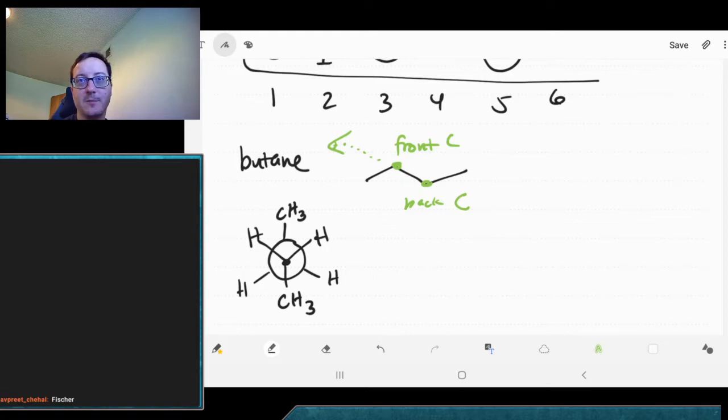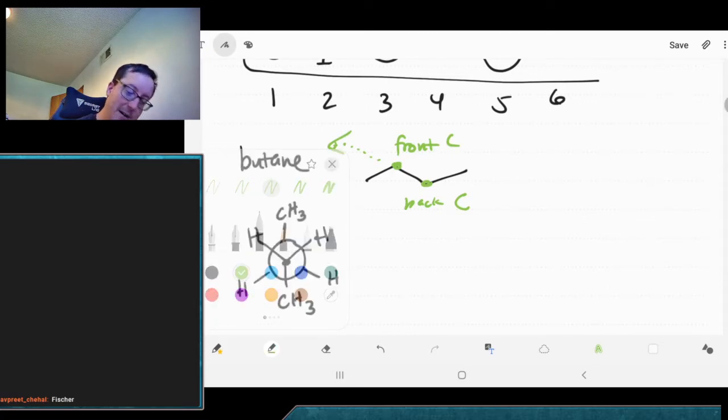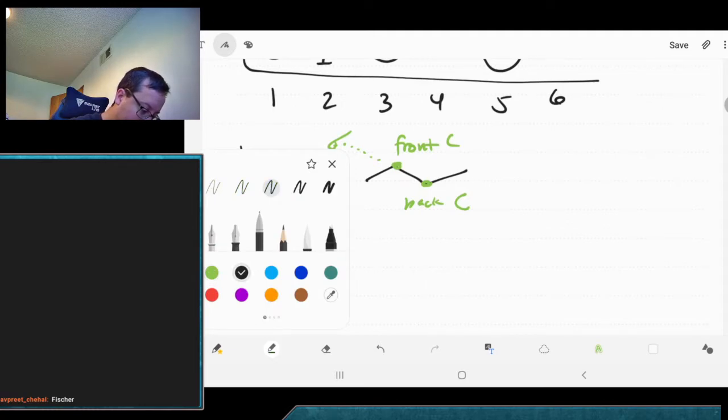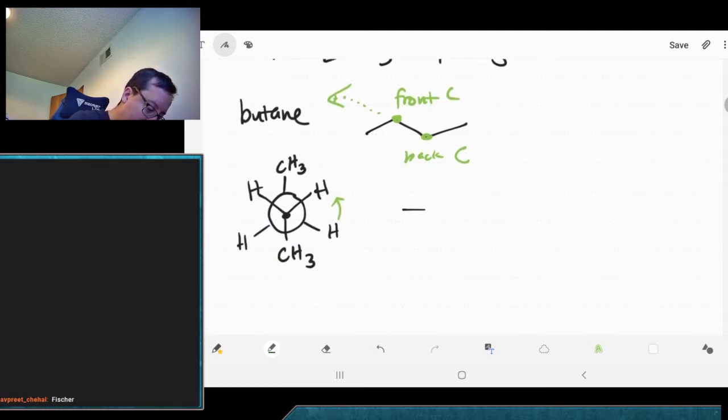I hope I have enough space for this. I probably don't, but that's okay. So, let's rotate our back carbon 60 degrees. Let's rotate things. Our front carbon stays the same. Our back carbon now, oops, I put that on the wrong side.